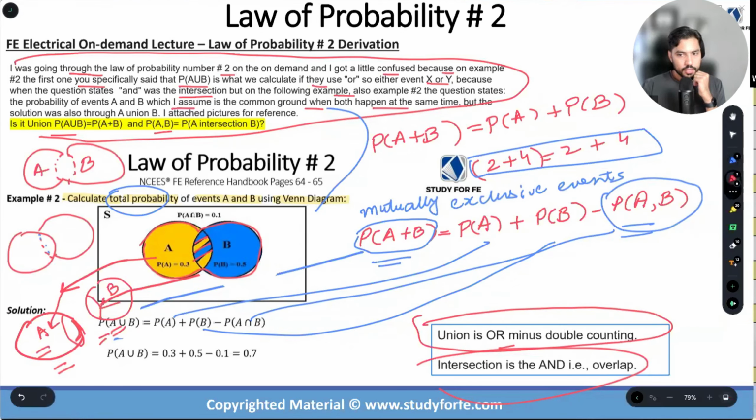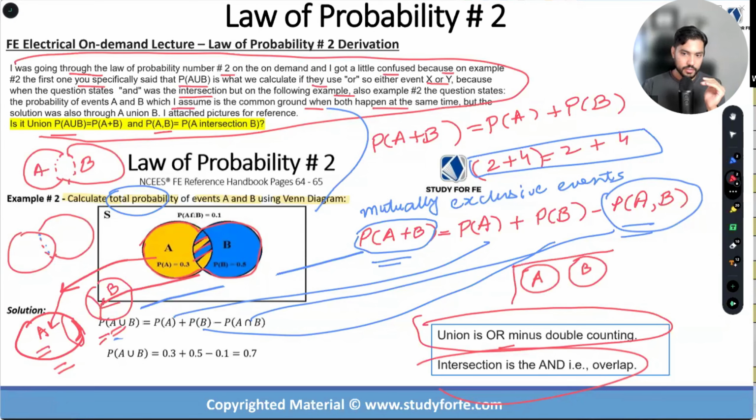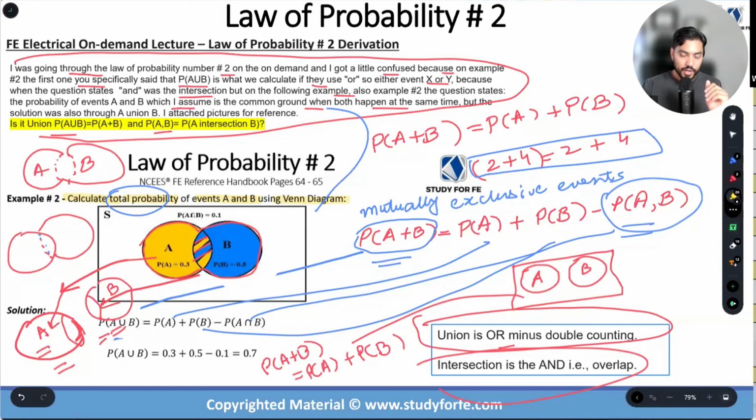On a Venn diagram, I can show mutually exclusive events like this, where there is no overlap between A and B. Loosely speaking, you can say that they have no overlap. Mathematically, what this means is that the probability of A plus B is equal to probability of A plus probability of B, minus the overlap that we have to subtract.